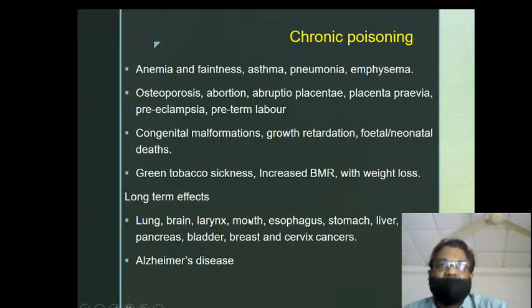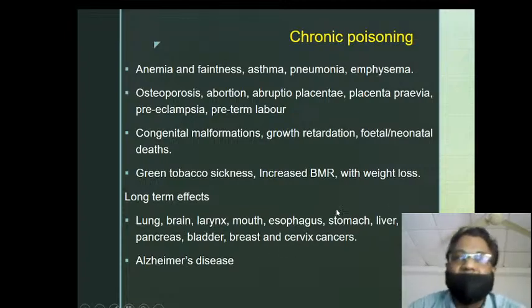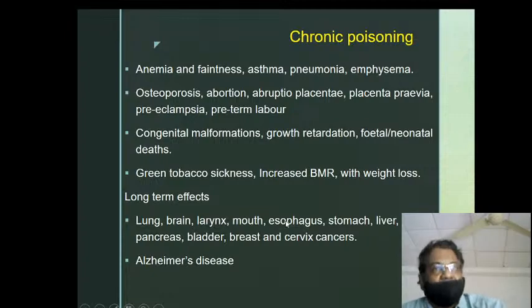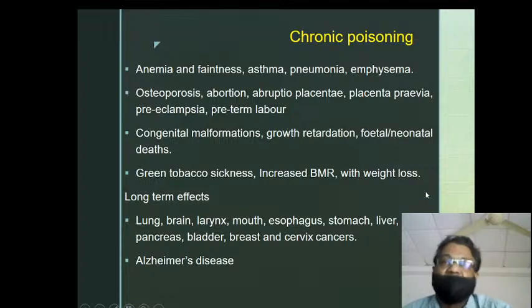So please remember, students, all these organs develop cancers with long-duration use. Alzheimer's disease can also occur in the long term. As I told you, initially it causes CNS stimulation, but later in higher doses it produces CNS inhibition.